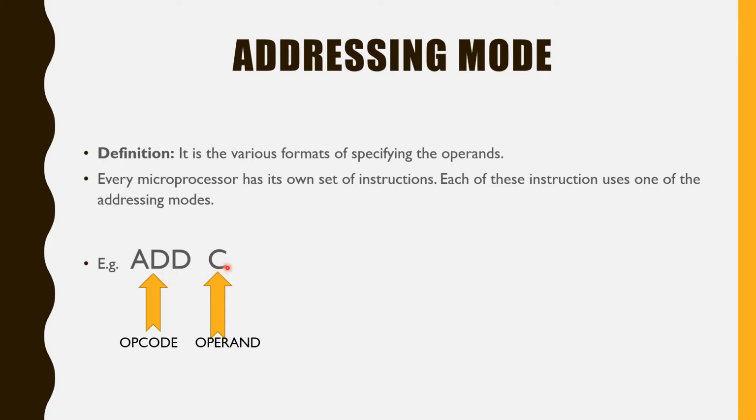So to specify this operand, we are using various formats, and those various formats are called addressing mode. So in 8085 a total of 5 addressing modes are there. In the next slide I will show you the remaining 3 addressing modes, that is direct addressing mode, register indirect addressing mode, and implicit addressing mode.